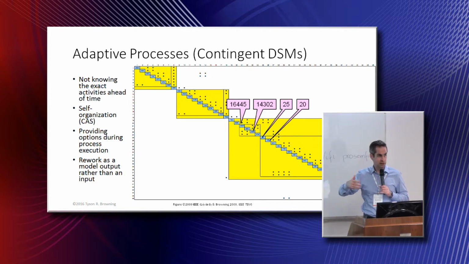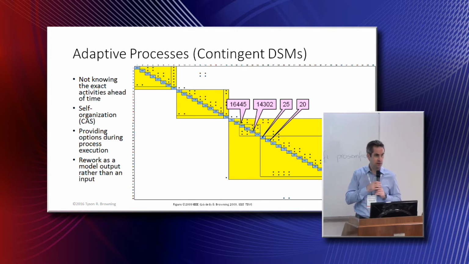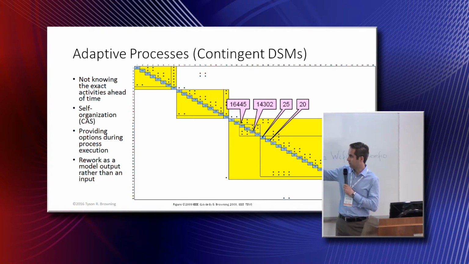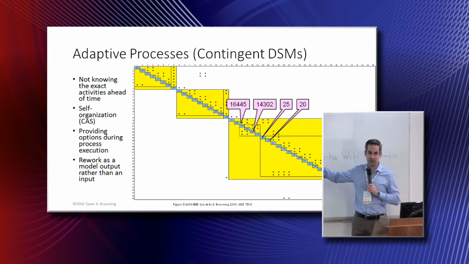Well, we ask experts, we make estimates, that's great, but it's still a problematic number to put into a model. In this model, the frequency of rework was an output rather than an input.